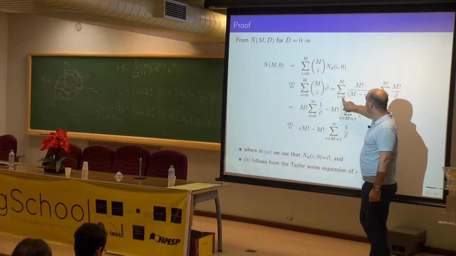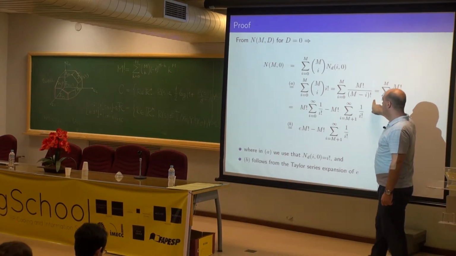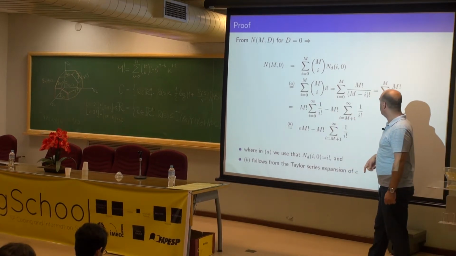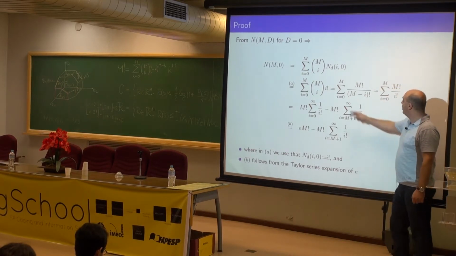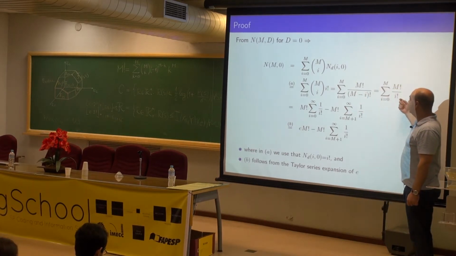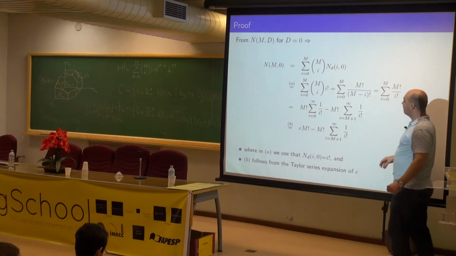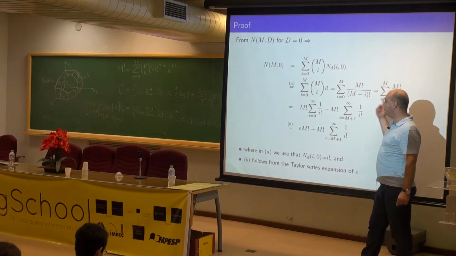And then, what do we have here? I factorial goes out, and then we have this one, which is equivalent to this one. We can change the indices here. We write it a little bit differently.